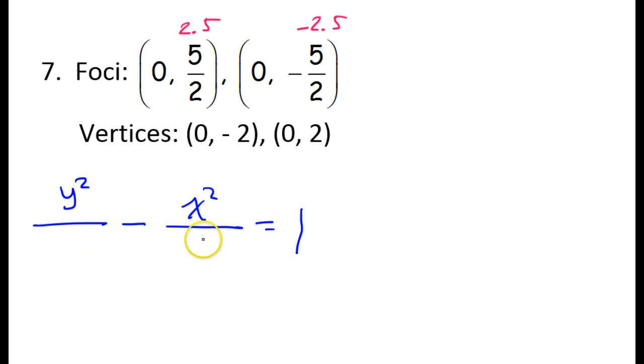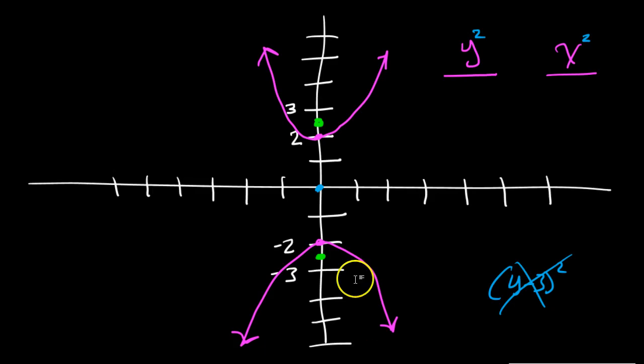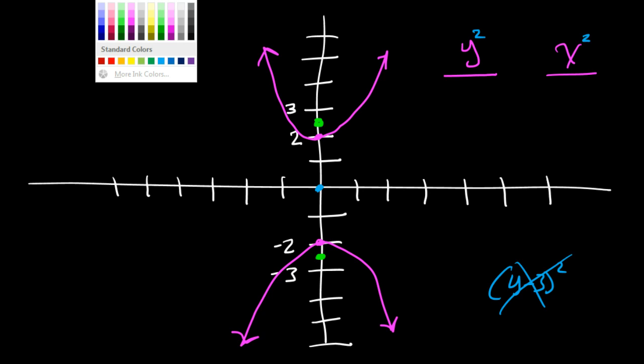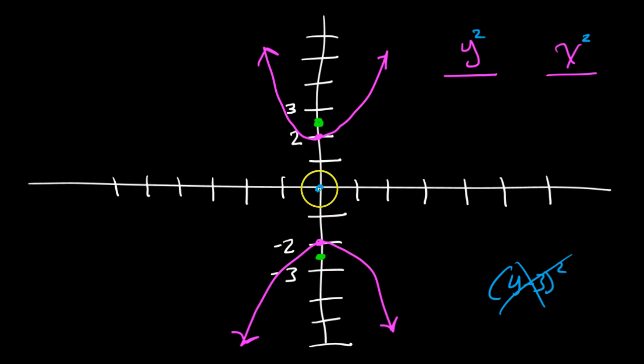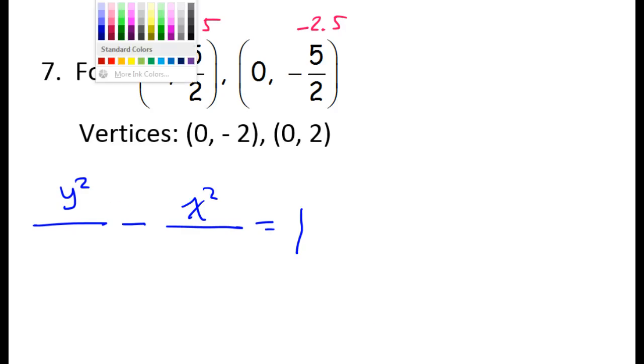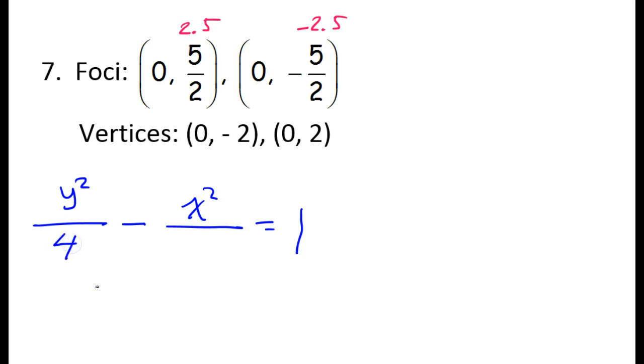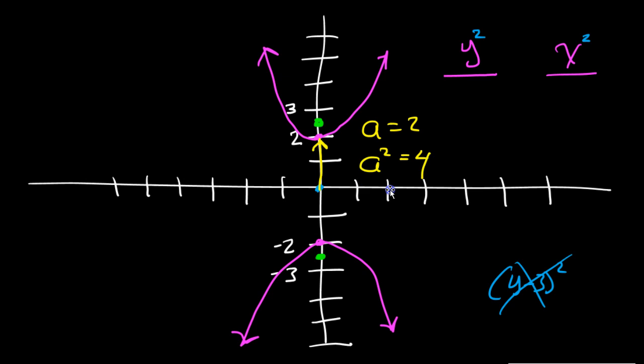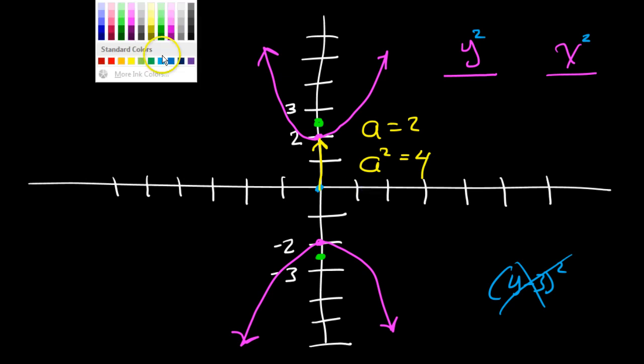So I need the a squared and I need the b squared. Well, I can find a squared very easily because the a value is just the distance from the center to a vertex. So a is 2, which means that a squared is 4. So that gives me the first denominator. A squared is 4. Now all I need is b squared. I do not have the covertices, so I cannot find b squared directly.